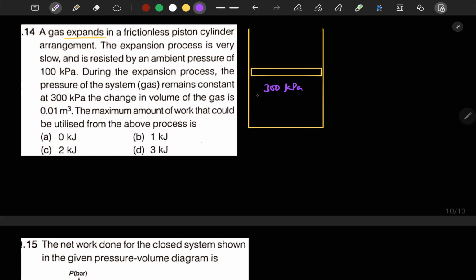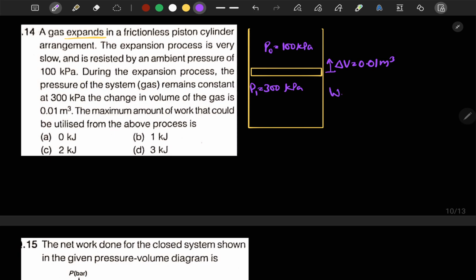Okay, so let's say P1 is equal to 300 kilopascal and P naught, atmospheric pressure, is equal to 100 kilopascal. Now there is a change in volume, delta V is equal to 0.01 meter cube. I have to calculate net work.